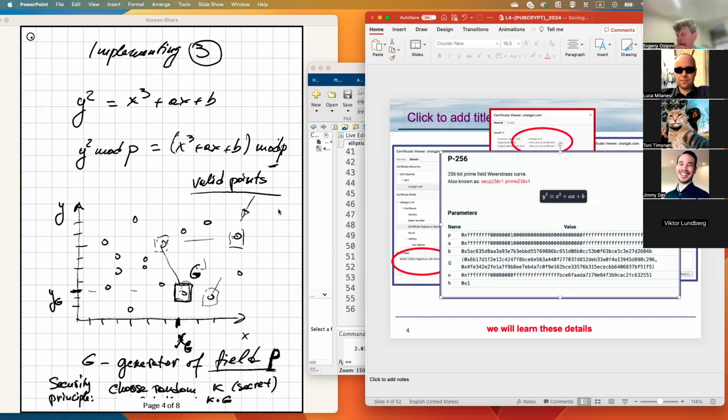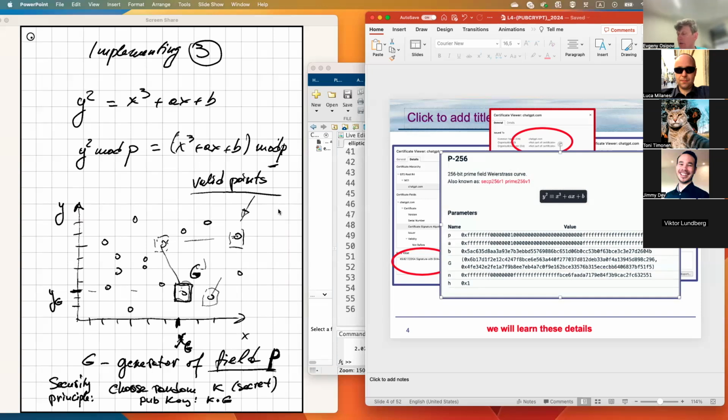You need to know that all your computations are happening within the valid range defined by this equation over here, which is the definition of the elliptic curve. Because of this modulo, all the computations are integers.